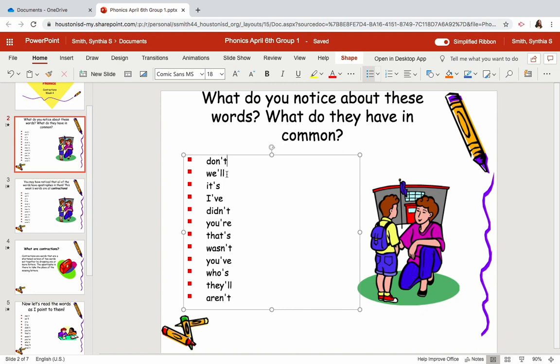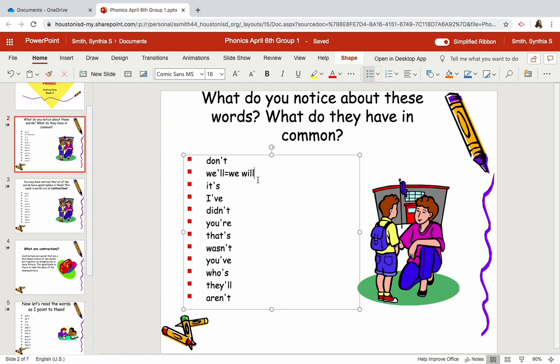All right. So this word is we'll. Say it, we'll. Okay? We'll is actually the same as, do you know which two words make up the word we'll? If you know them, say them out loud. The word we'll is made up of the words we will. Okay? When we put the words we and will together, what did we take away?